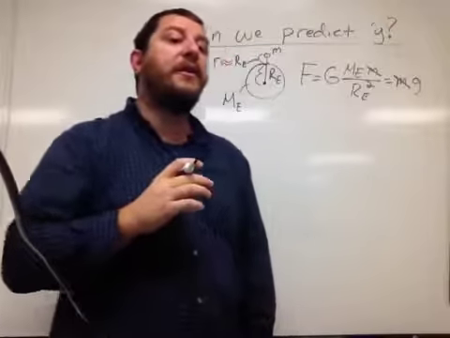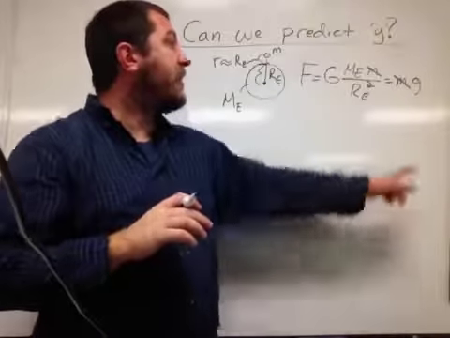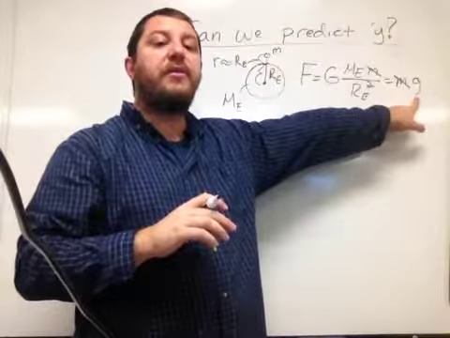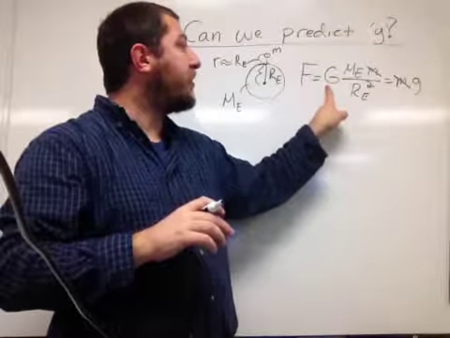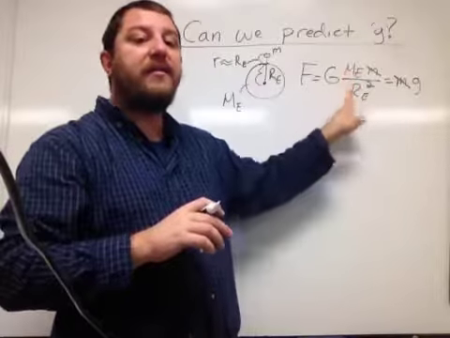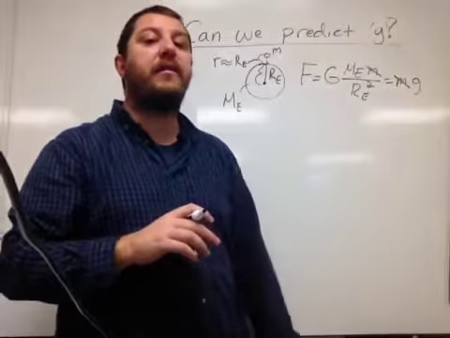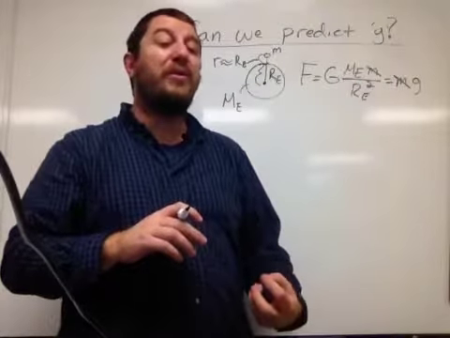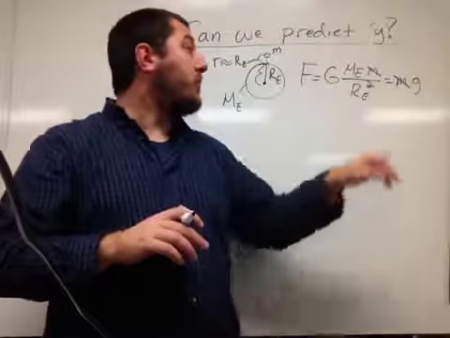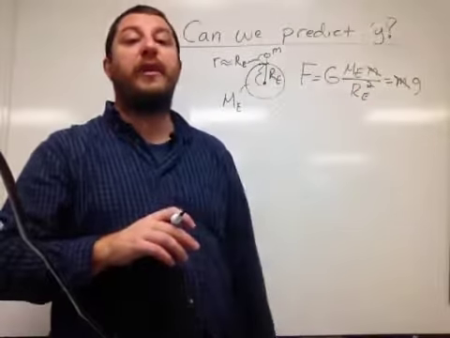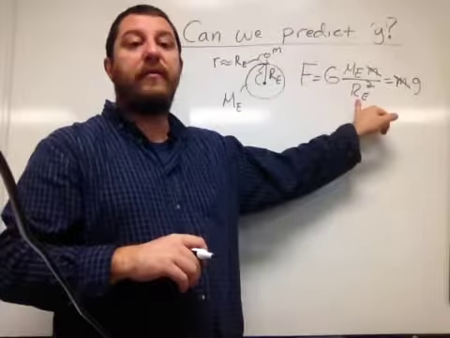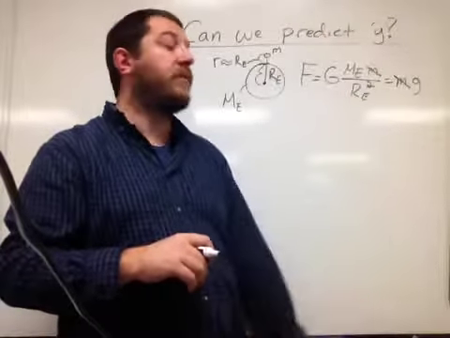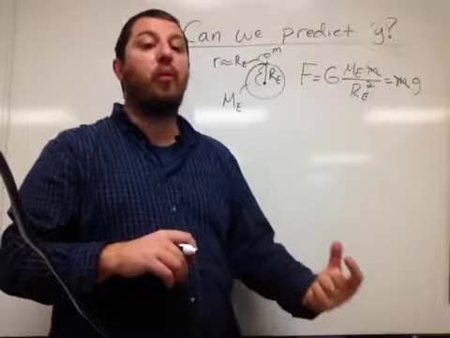Now, this equation is telling me that the acceleration due to gravity is equal to the universal gravitational constant times the mass of the Earth divided by the radius of the Earth squared. So as long as I'm close enough to the surface so that the distance between the center of my object and the center of the Earth is still very well approximated by the radius of the Earth, then this equation will hold.